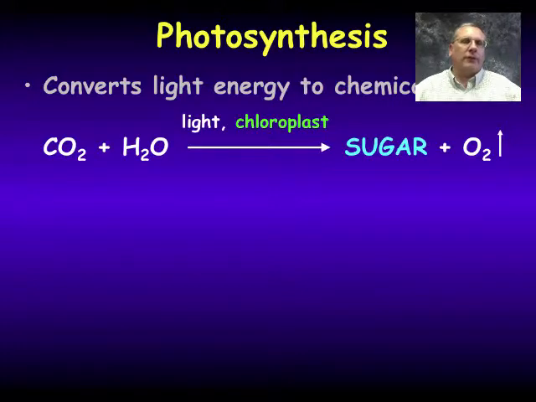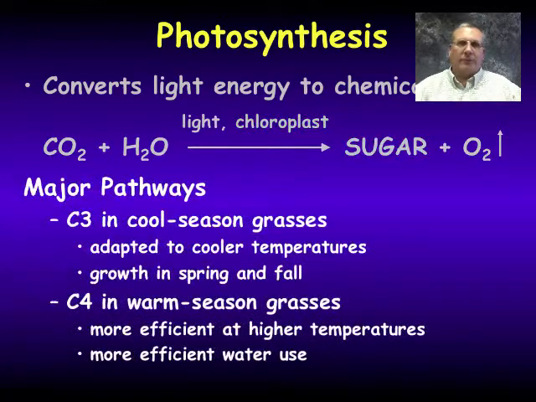We take carbon dioxide from the air, water from the soil, and we turn it into sugar, and an important byproduct for us is oxygen. And this all takes place in the chloroplast of the cell. The chloroplast contains the special machinery that's needed to carry out the photosynthetic process. This whole process is driven by light energy from the sun.